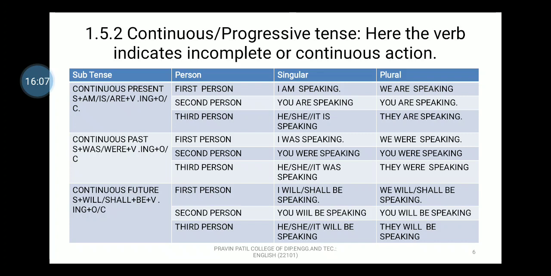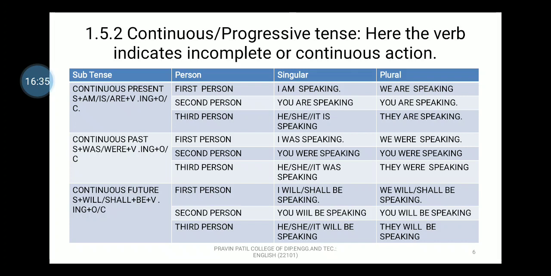For examples, I shall या I will be speaking, we will या we shall be speaking, you will be speaking, he, she, it will be speaking, या they will be speaking. Have you got it? V1 simple present, V2 simple past, will and shall simple future, main verb ing, that is continuous.